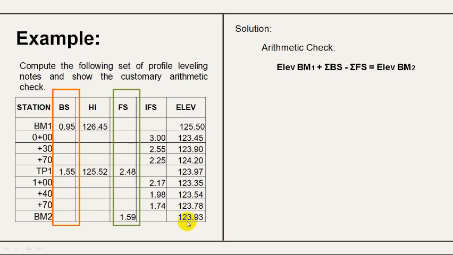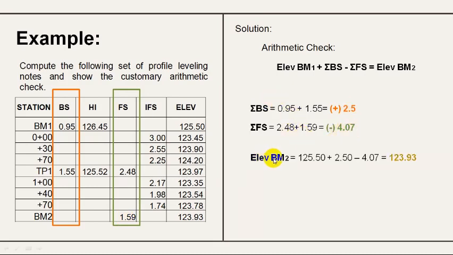123.93. So the summation of this backsight, 0.95 plus 1.55, will give us 2.50. And for the summation of the foresights, 2.48 plus 1.59, that will give us 4.07.